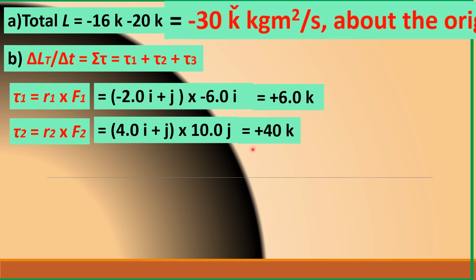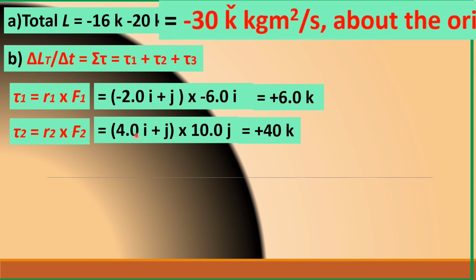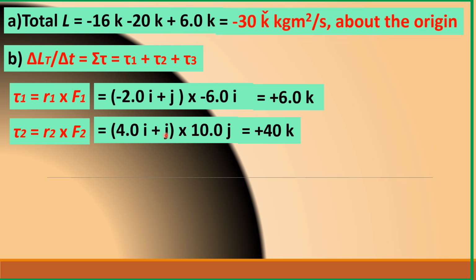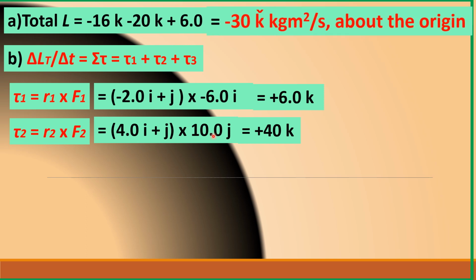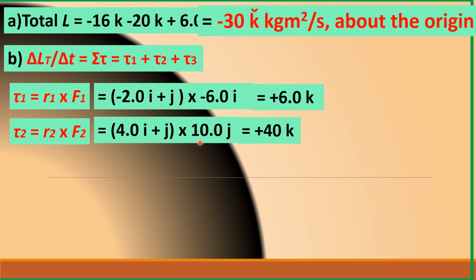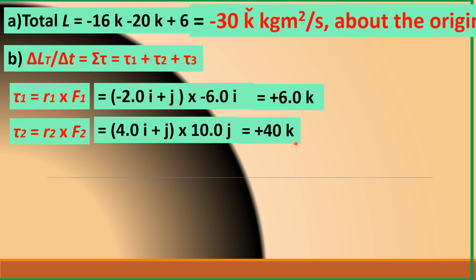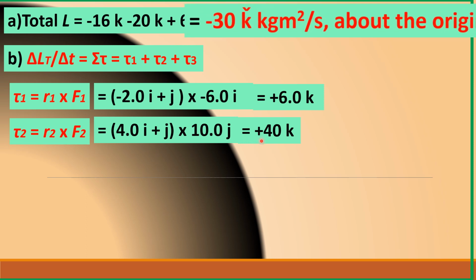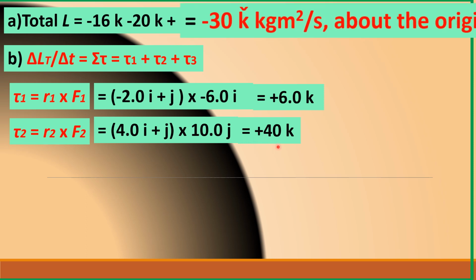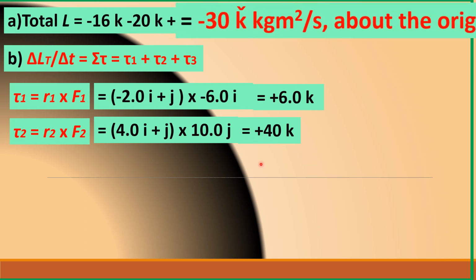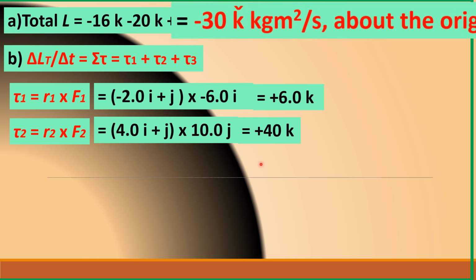When we cross multiplied j by 10.0j, again the answer is 0. So I am only left with 4.0i cross multiplied by 10.0j. That's how we got positive 40k. But the sign, why it is positive, you may verify it using your right hand rule.